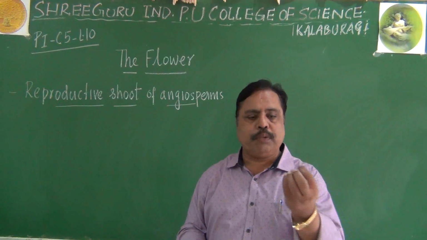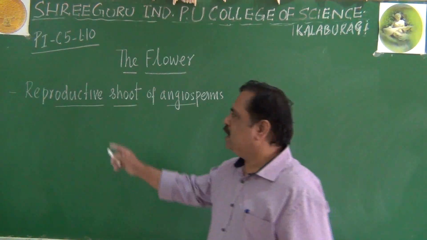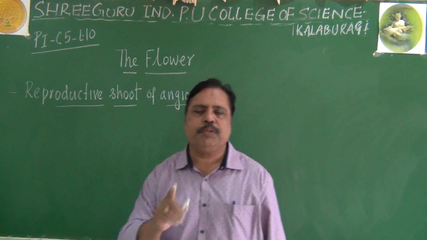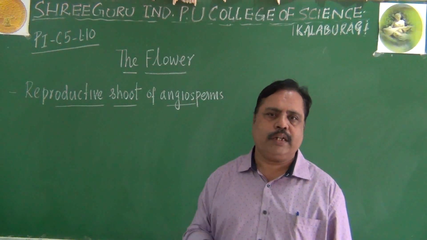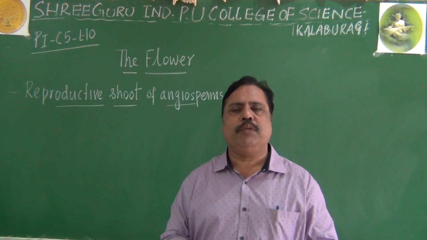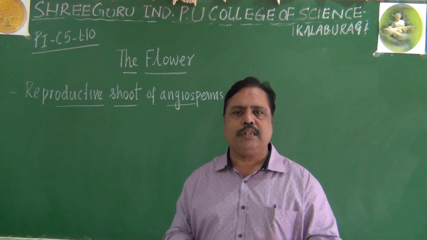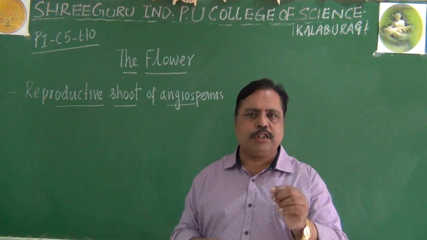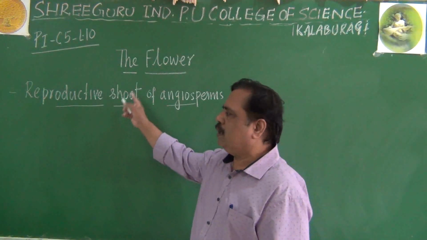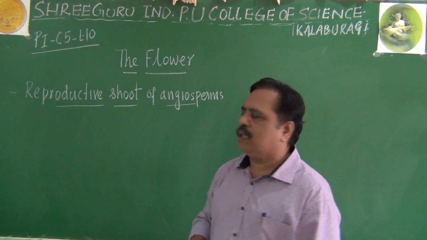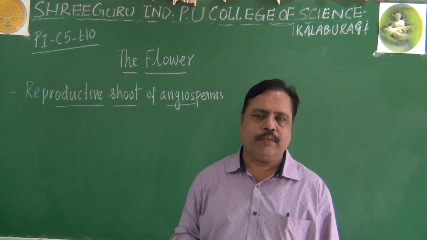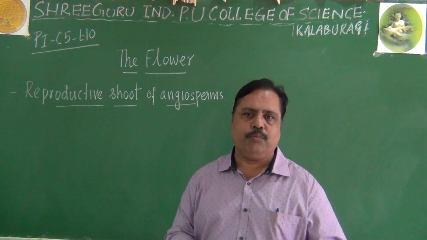So what is the purpose of producing flower? It is for reproduction, especially sexual reproduction. In 10th standard you might have heard about asexual and sexual reproduction. The sexual reproductive part of an angiosperm is what? The flower. So flower is the reproductive part.